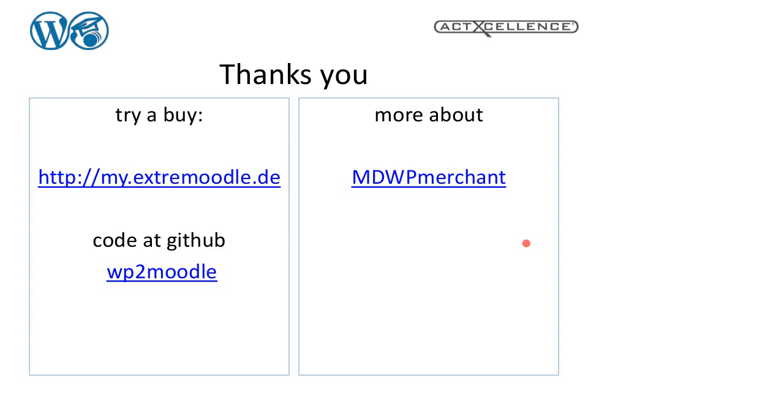Also, the Paid Memberships Pro I used on my demo site is free, and also WooCommerce is free. And you can set up a solution in WordPress without buying any plugin, but you don't have the support when something goes wrong.